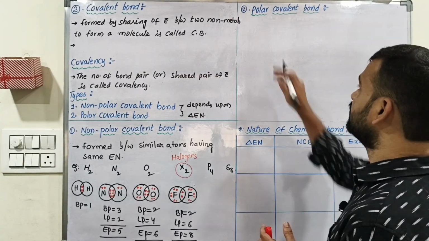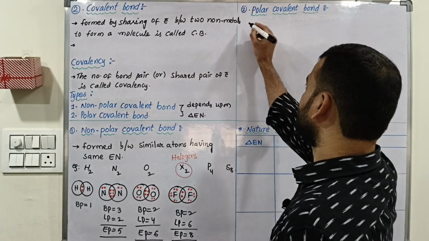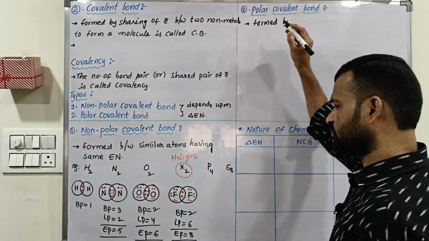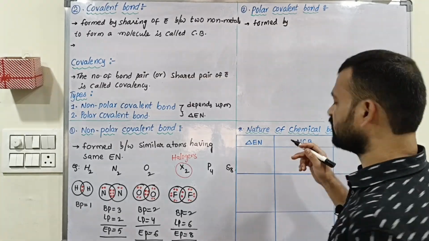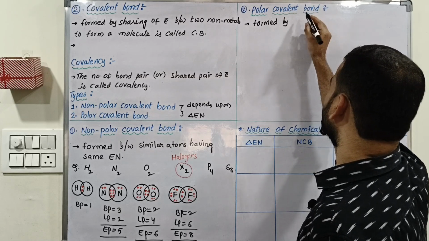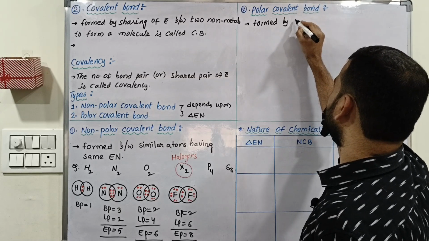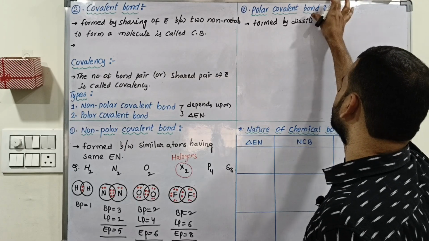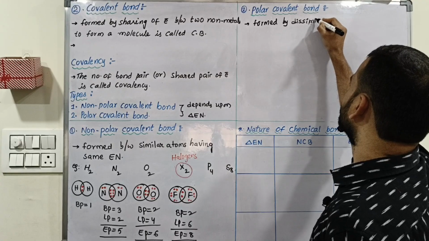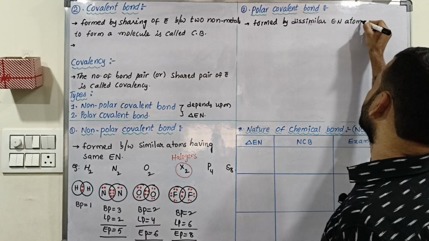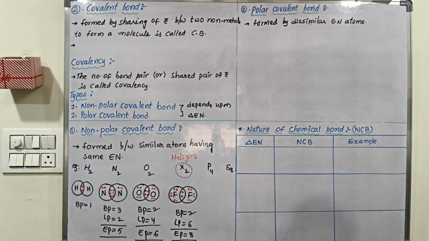Okay, second one, polar covalent bond. This polar covalent bond is formed by dissimilar electronegative atoms.